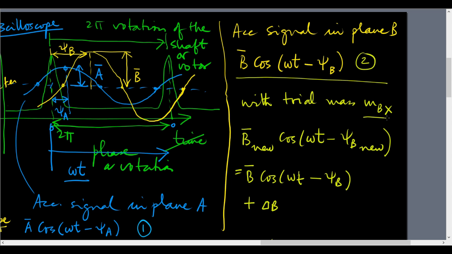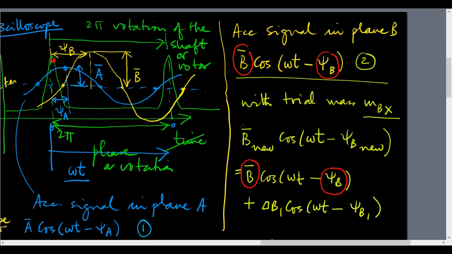So let me call it delta b1 cos omega t minus psi b1. What I want you to understand is this is the old vibration measurement. This is that phase relative to the rotor's main time marker. This is the state of the unbalanced rotor.